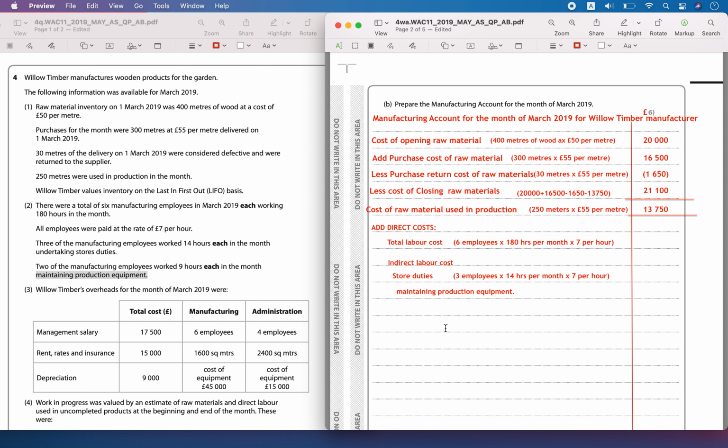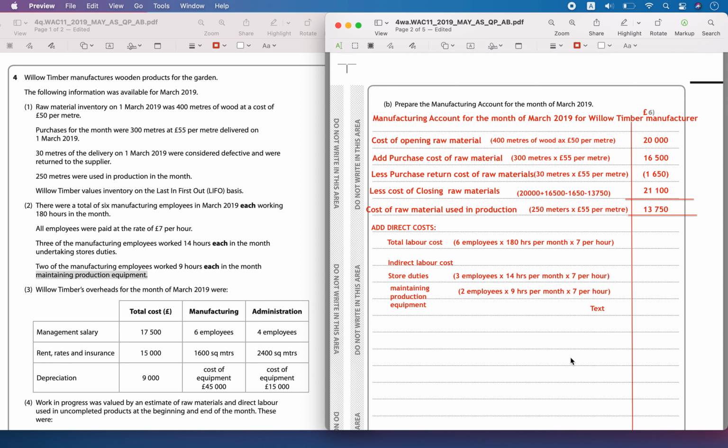It is not related to manufacturing, but the same set of employees are also doing this job, so this comes under the indirect cost. There are 2 employees, each working for 9 hours per month, paid at the rate of £7 per hour.